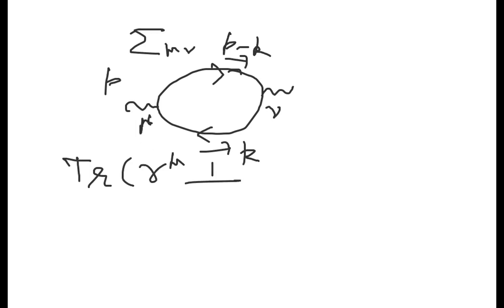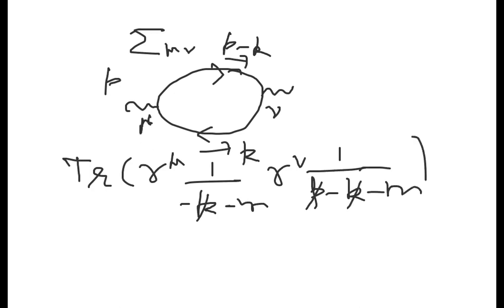So the trace will go this way: 1 over minus K slash minus M, gamma nu, and 1 over P slash minus K slash minus M. You have to go opposite the arrow. So this is gamma mu here. This one gives you 1 over minus K slash minus M. The minus sign comes because K is flowing opposite to the arrow. Then this factor gives you gamma nu. And then the top propagator gives you 1 over P slash minus K slash minus M.